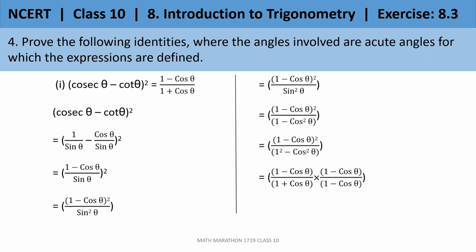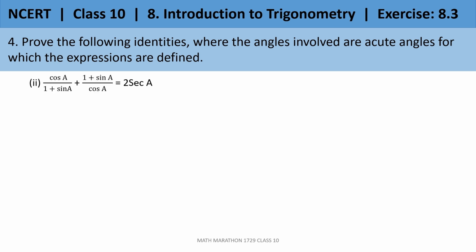In the numerator and denominator, we have 1 minus cos theta. We can cancel out 1 minus cos theta, and it is equal to (1 minus cos theta) divided by (1 plus cos theta), which is equal to the right-hand side. Hence, proved.